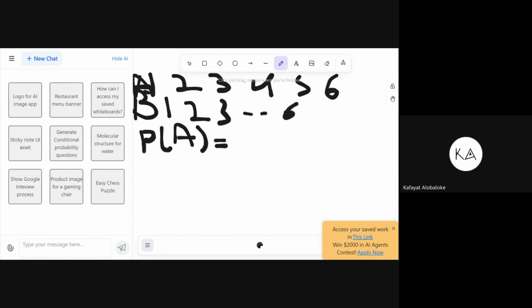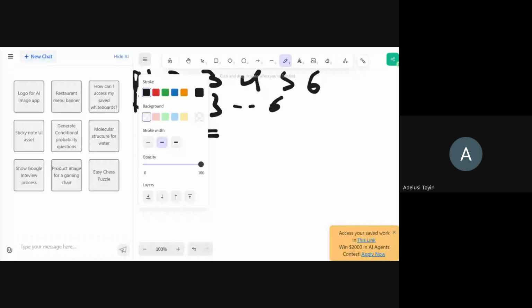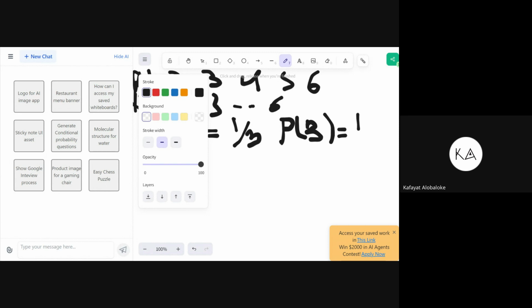In this case, anybody? 1/6. Thank you very much, Louis. And also the probability that 3 is occurring on the second die, that's the probability of B, which is also 1/6, right?